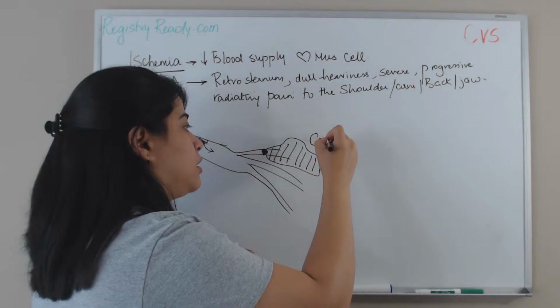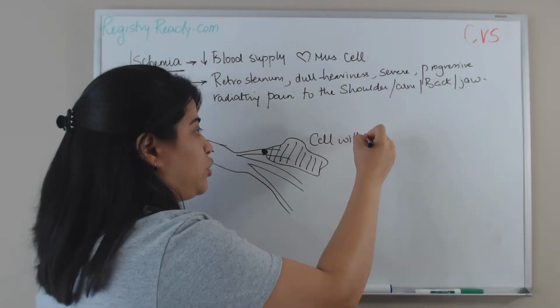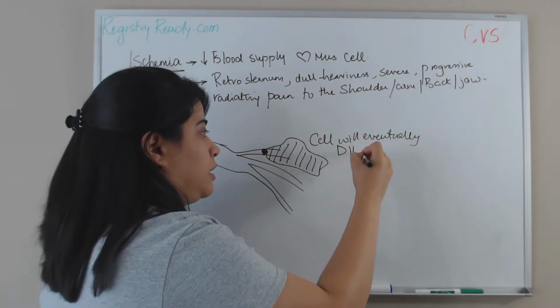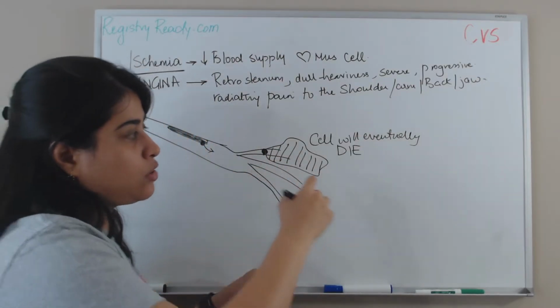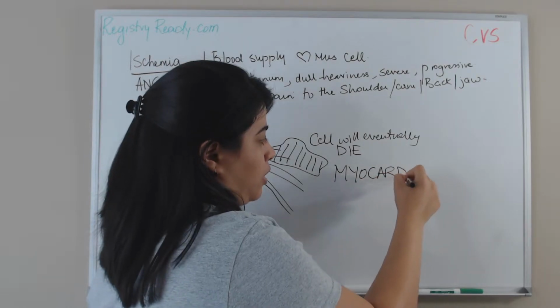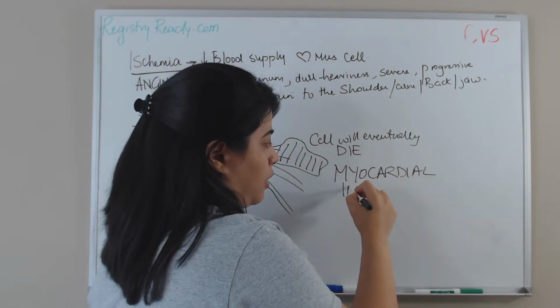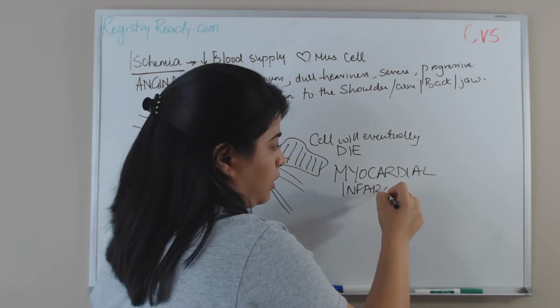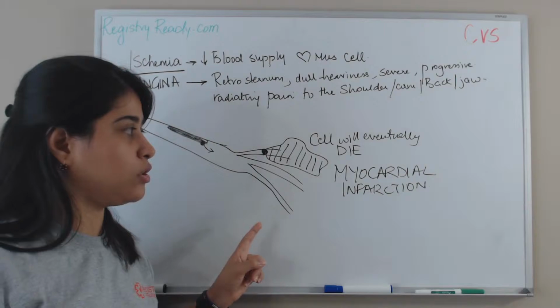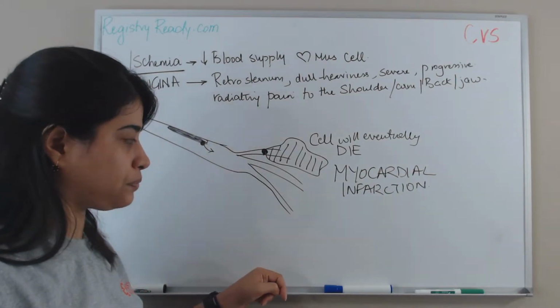In that, the cells will eventually die. And this cell death brought about by a thrombus or an embolus is known as myocardial infarction. And this cell death can be seen 15 to 20 minutes after complete occlusion has taken place.